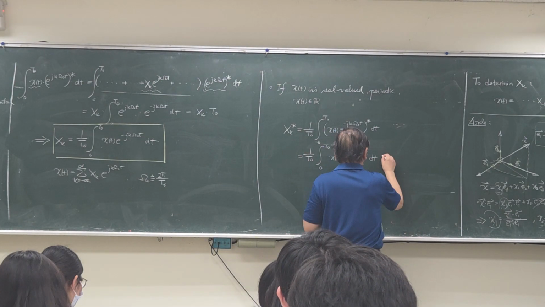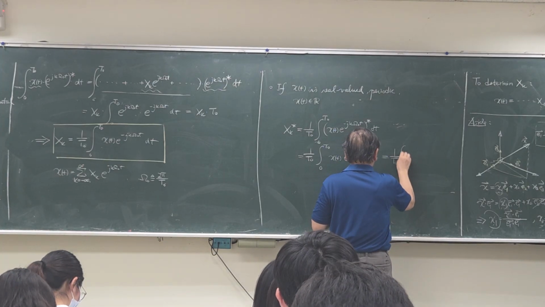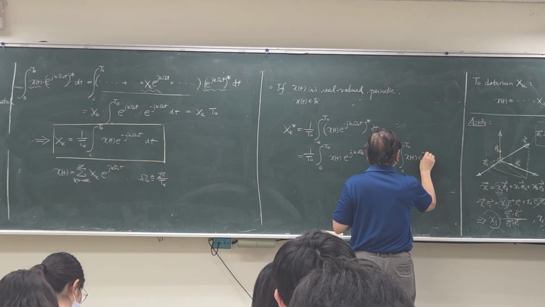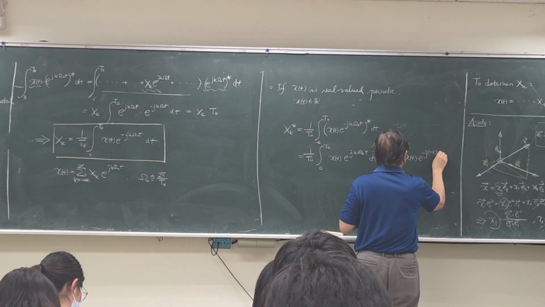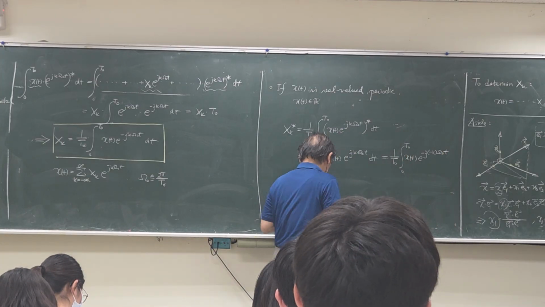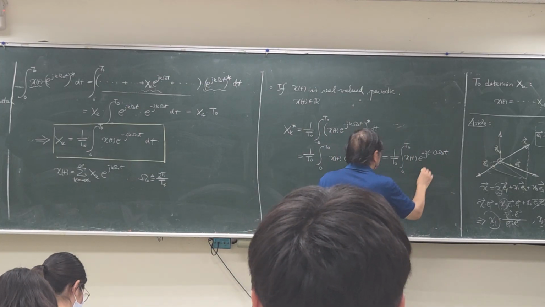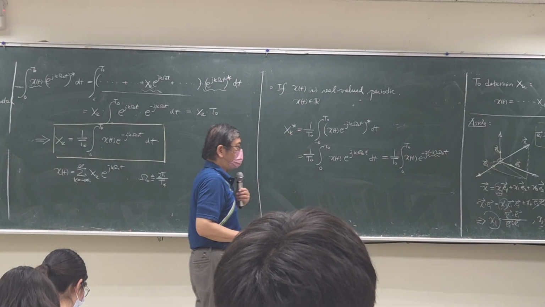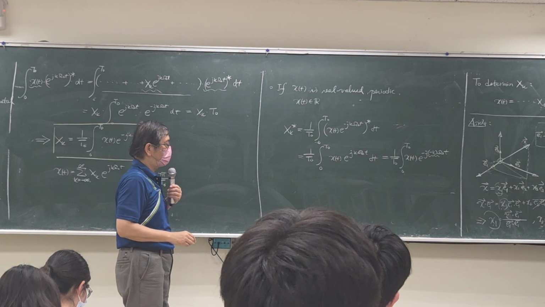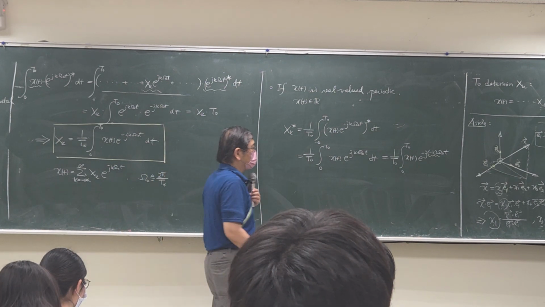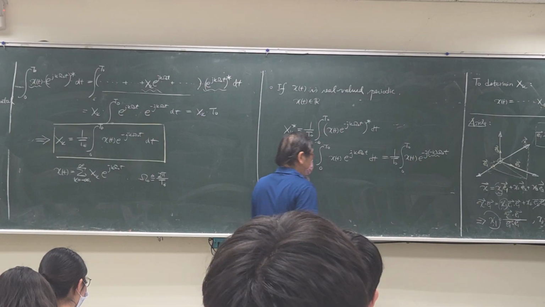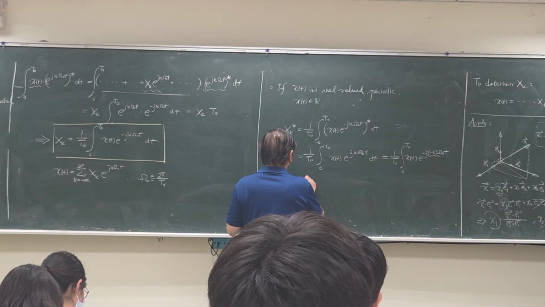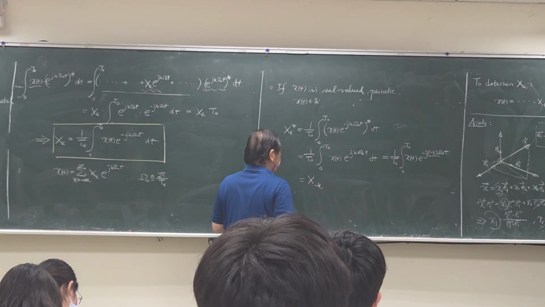Then I'm going to make a small trick here. I replace the index k by negative k. So the minus sign now is equal to j, and this turns out to be the coefficient x of negative k.